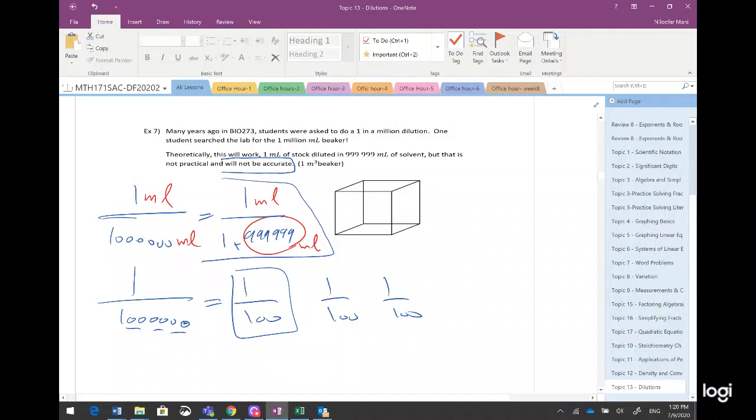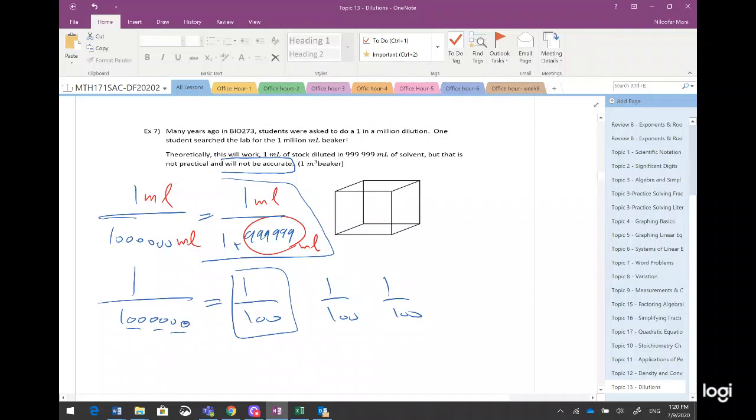Now we move to this question. It says many years ago in Bio 273, students were asked to make just one to 1 million dilution. So 1 to 1 million.